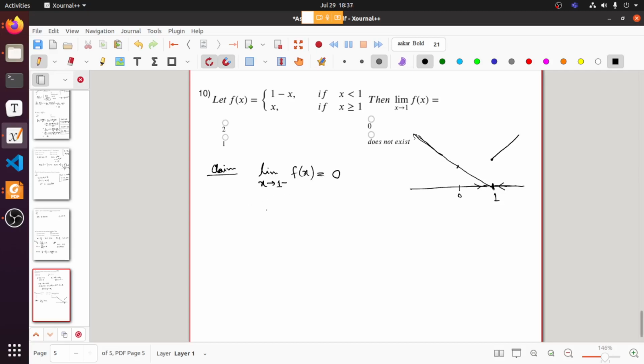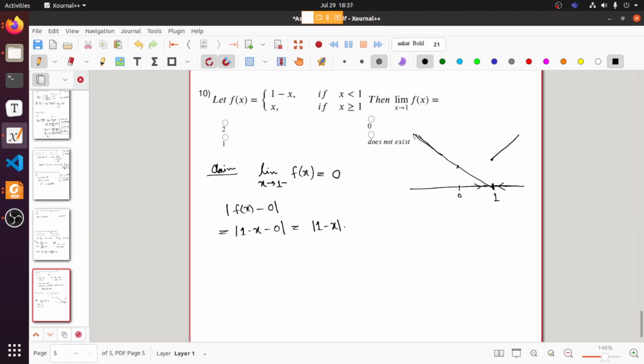So we'll prove this. How to prove this? What you have to show is that mod of f of x minus 0 can be made less than epsilon in the left hand neighborhood of 1. For x less than 1, f of x is 1 minus x. So this is mod of 1 minus x minus 0, which is mod 1 minus x.